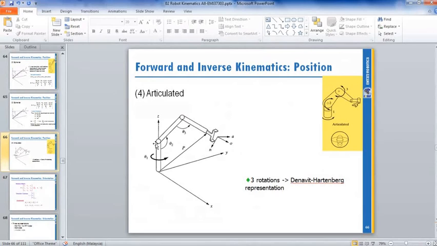This joint here, the name is Z, then X, Y. But on the gripper they put a different name, NOA. But actually N is X, O is Y, A is Z.